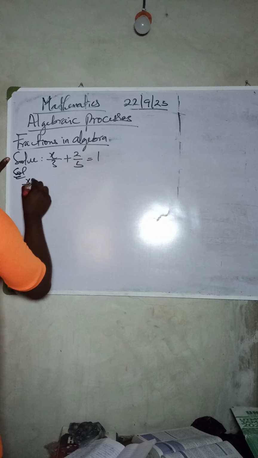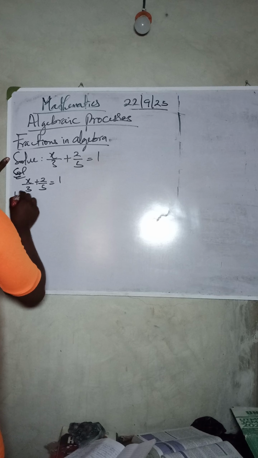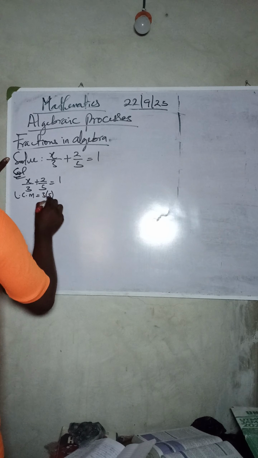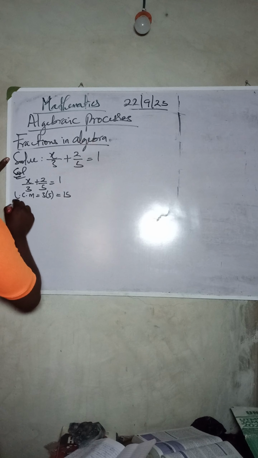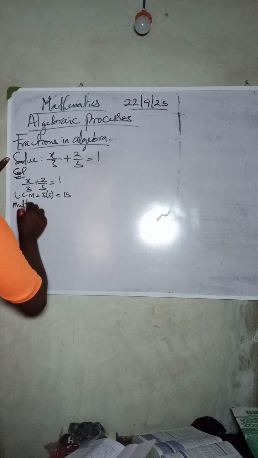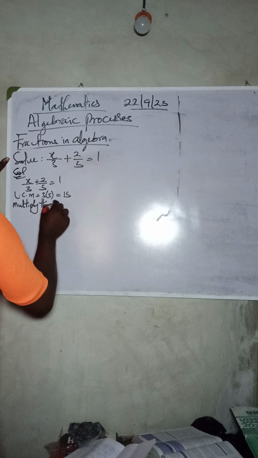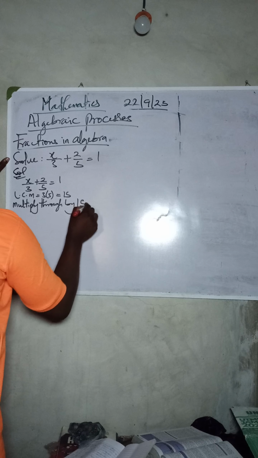Now, solution. x over 3 plus 2 over 5 is equals to 1. The LCM is equals to 3 times 5, which is 15. Now, you multiply through by 15.